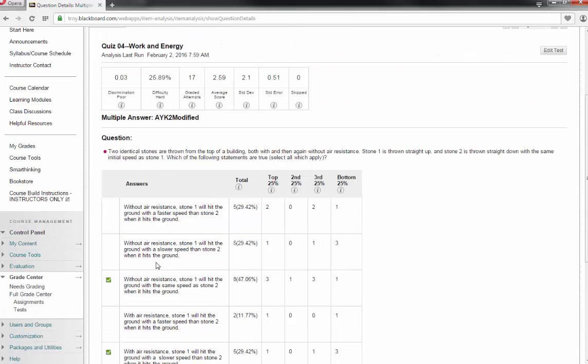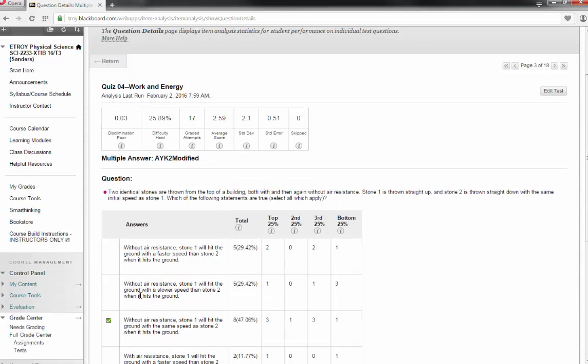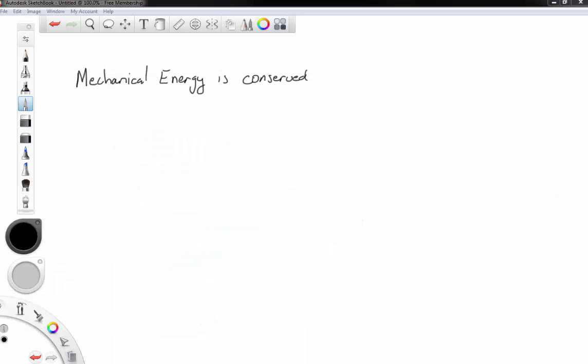Can we distinguish between those 3 possibilities without air resistance? Well, if there is no air resistance, then it follows that the mechanical energy of the system is conserved.